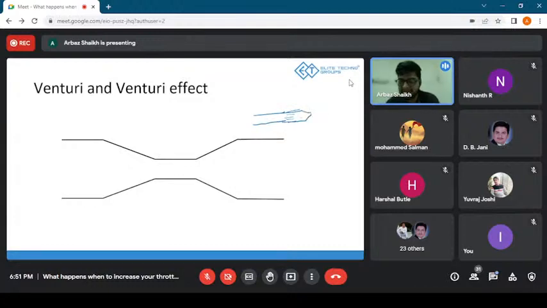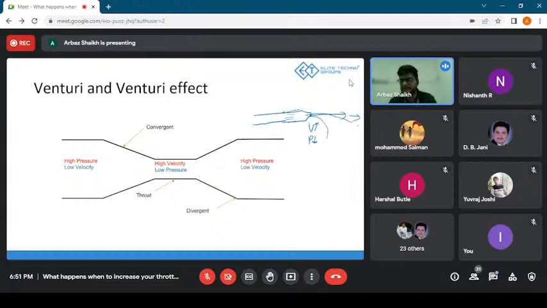What would happen is at this point the velocity would be increased and the pressure will be decreased according to Bernoulli's equation. That's what we saw. And because the velocity is increased, it will go much farther, rather than just falling somewhere around here, it would go like this, much farther. That's what we see, and that is not actually the pressure increasing, that's the velocity increasing. This is what Bernoulli's equation tells us, and this is the Venturi effect.